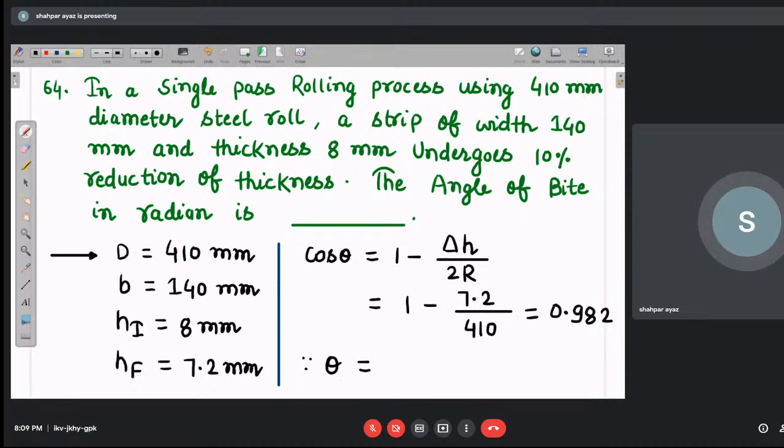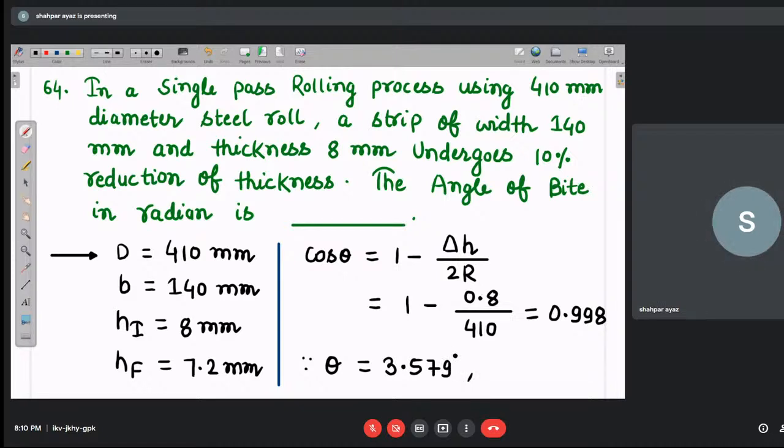Oh, sorry, it is delta h, no? Oh, sorry. 3.579 degree.